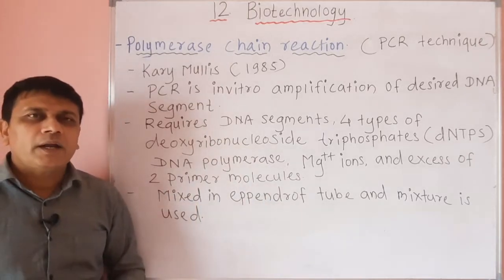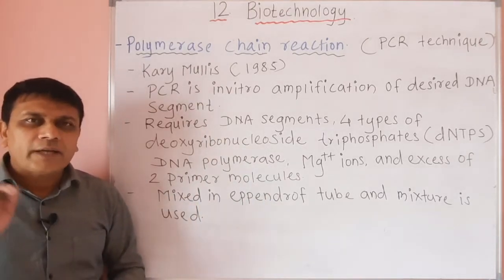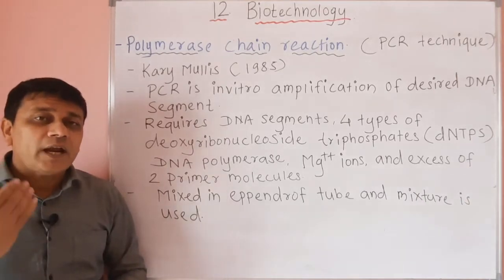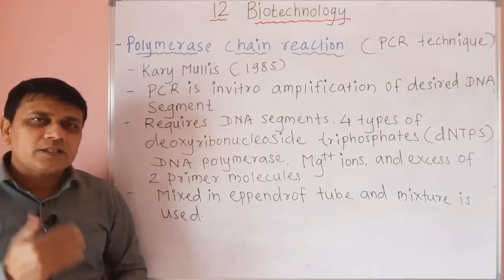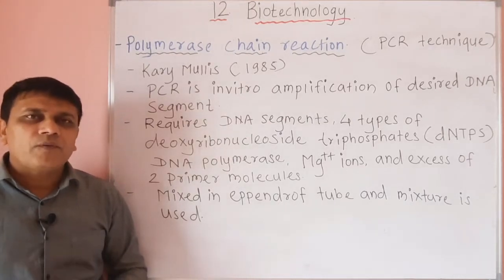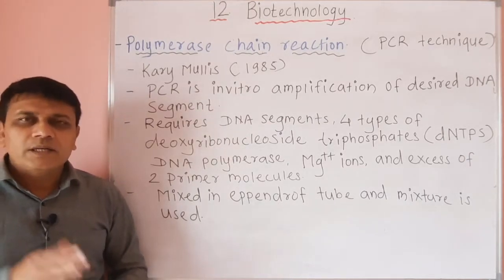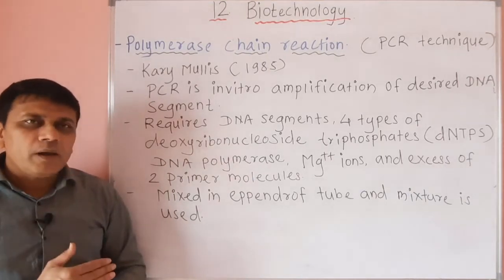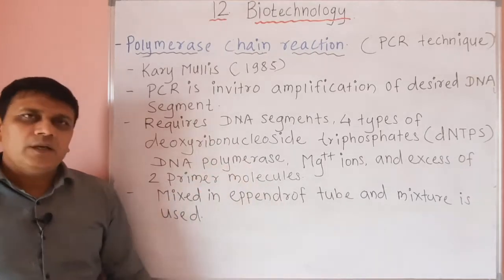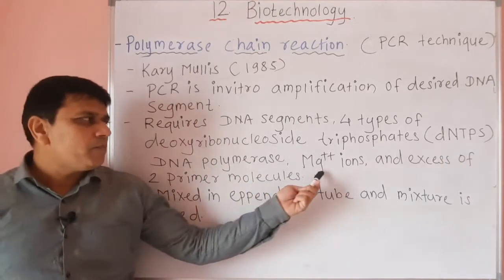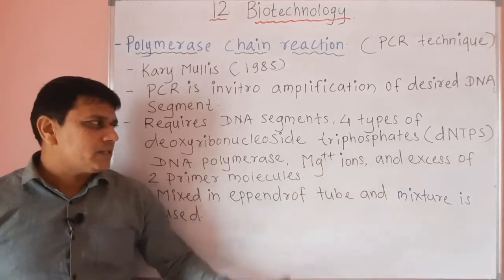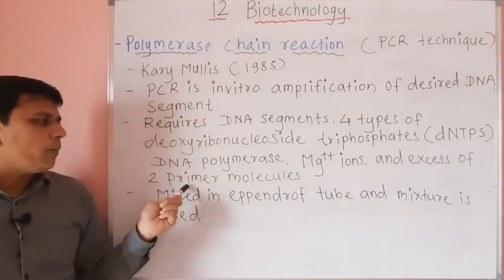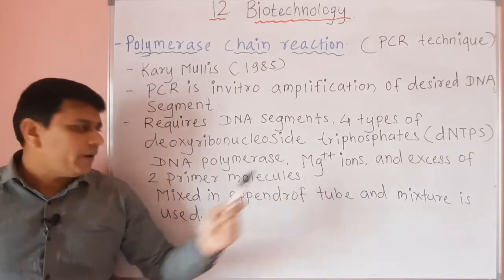So in PCR technique, a polymerase called as Taq polymerase is used as it can withstand high temperature, and this Taq polymerase is obtained from the bacteria called as Thermus aquaticus. So a thermostable DNA polymerase is necessary. Then Mg plus ions are necessary and excess of 2 primer molecules are also needed.